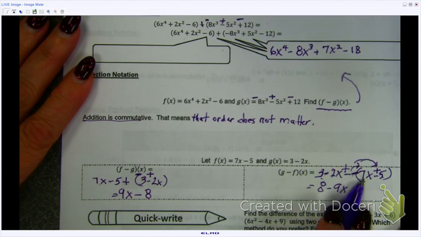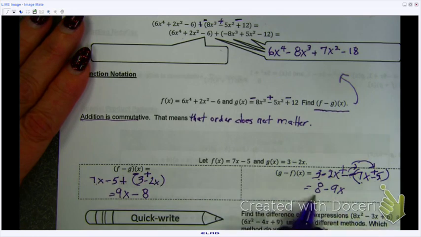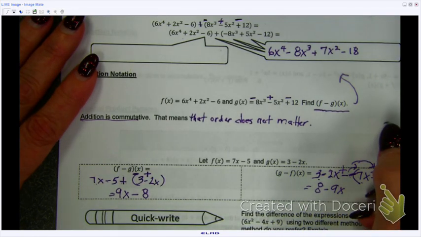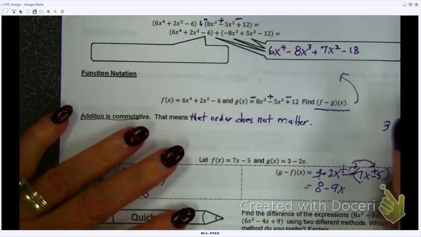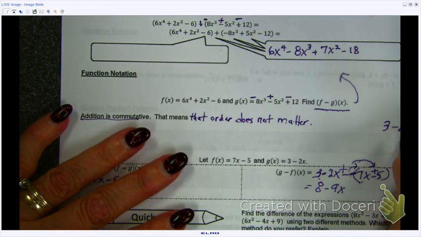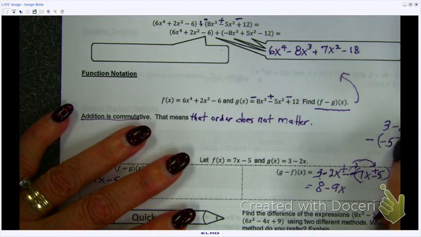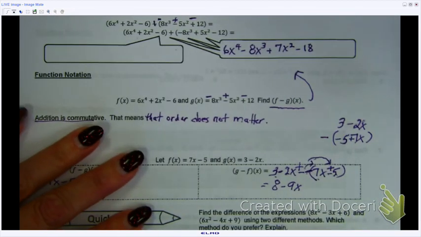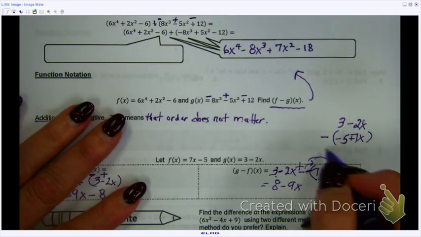If you are more comfortable with it, or if it's easier for you, you can also do this vertically. So I could have 3 minus 2x, just repeating this last one, subtracting 7x minus 5, but we're going to have to line them up vertically, one way or the other, if we're going to do it vertically.